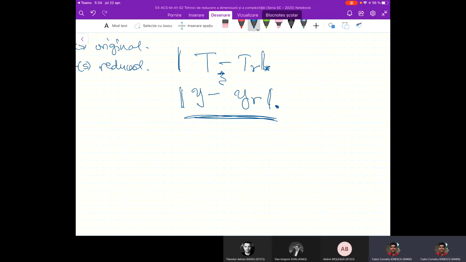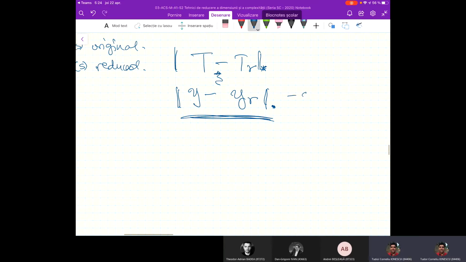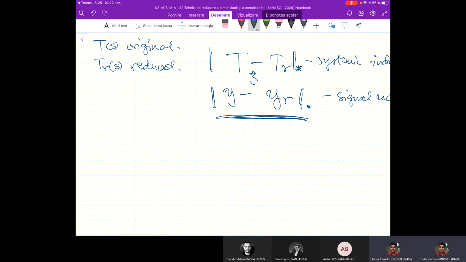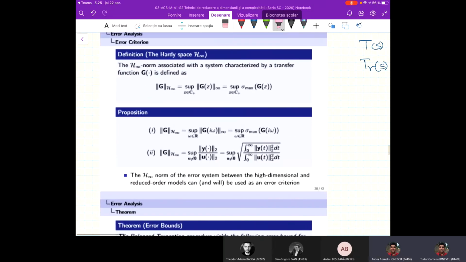So this is a signal norm, and this is a system induced norm. These are a bit different, but in order to achieve this, you need to study this guy.